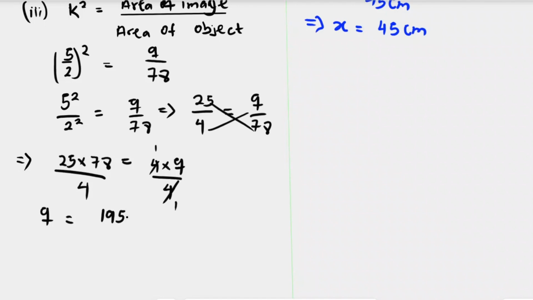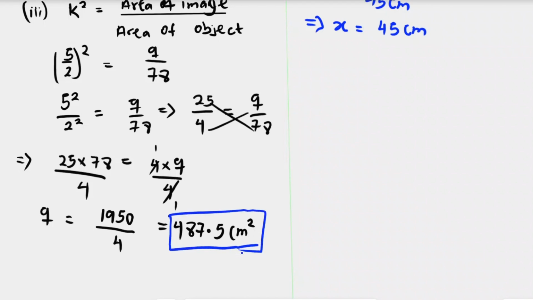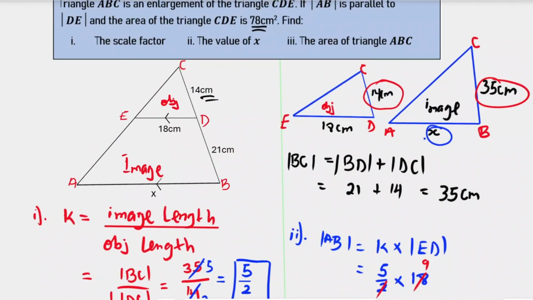Now divided by 4, when you do the cancellation, or when you use long division to simplify, we're going to get 487.5. Remember, that's the area, so it's going to be centimeters squared because the unit is centimeters. So you have centimeters squared. That's the area of the image, and that's the image ABC.